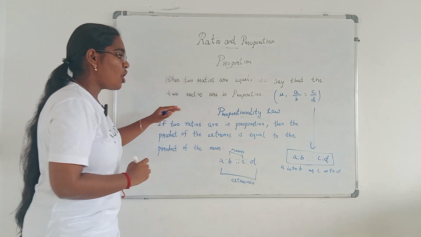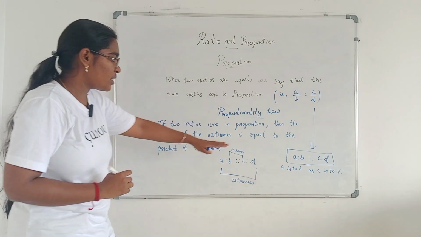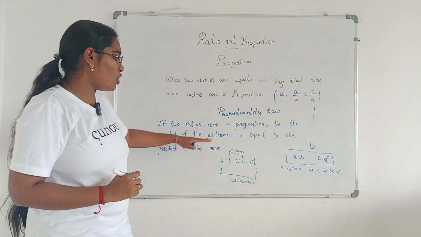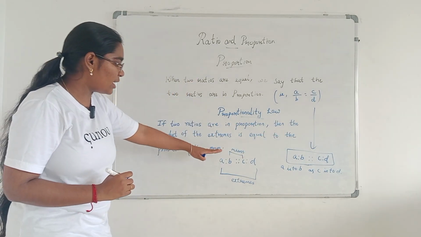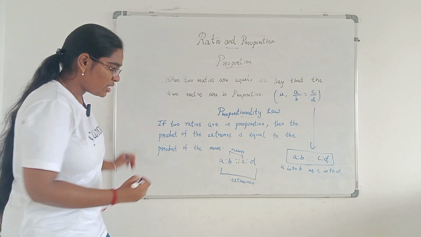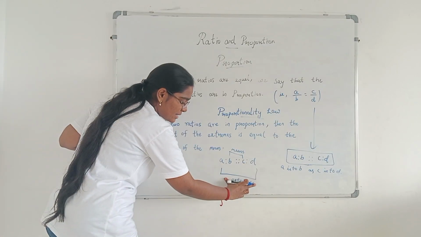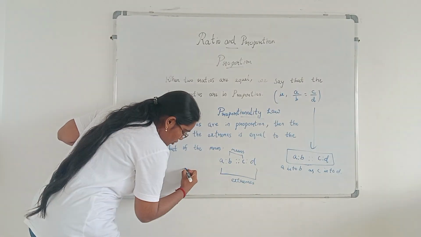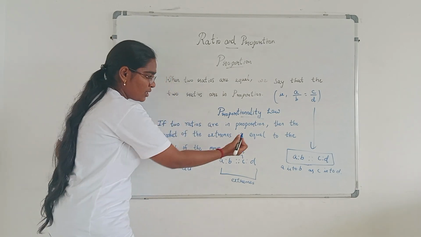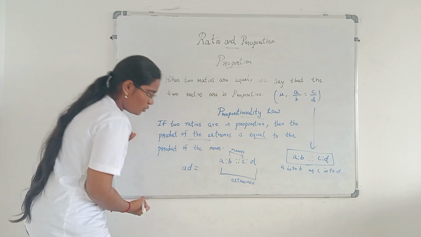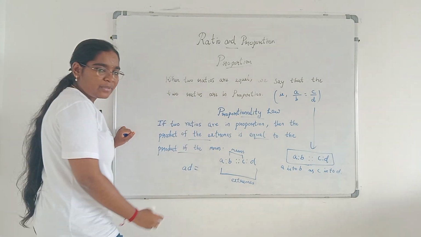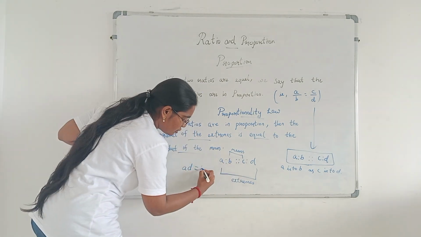According to proportionality law, the product of the extremes is equal to the product of the means. The product of extremes is A and D, so A into D equals the product of means, which is B into C.